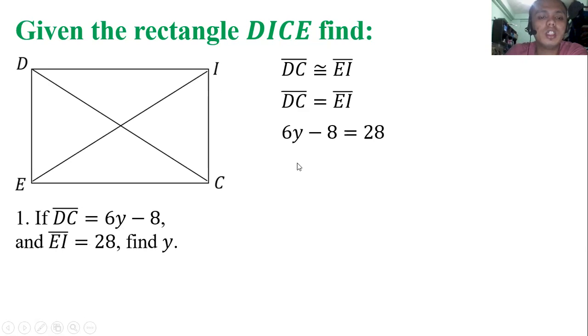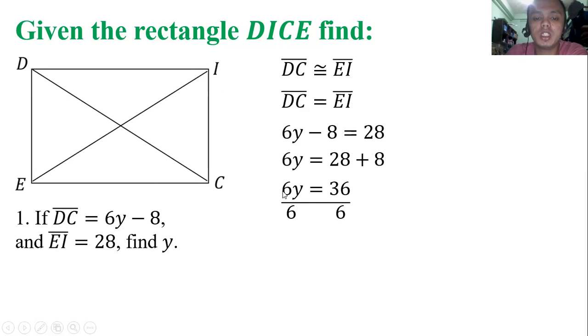Your DC is 6y minus 8, your EI is 28. Solve for y. Transpose negative 8 to the other side. We have 6y equals 28 plus 8, which is 36. Divide both sides by 6. Then we have y equal to 36 divided by 6, which is 6. So your y is 6.